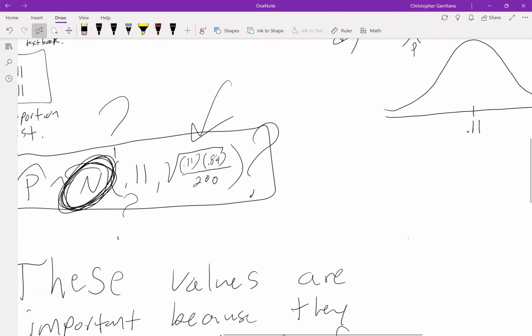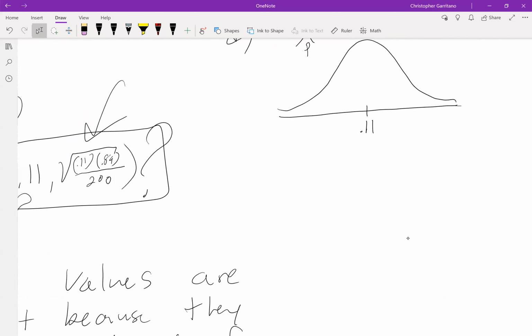Now, to calculate the p-value in a two-tailed test, we ask ourselves, what's the probability of obtaining a p-hat greater than 0.15? So we're shading this portion of the sampling distribution, or the probability of obtaining a p-hat as extreme in the other direction.